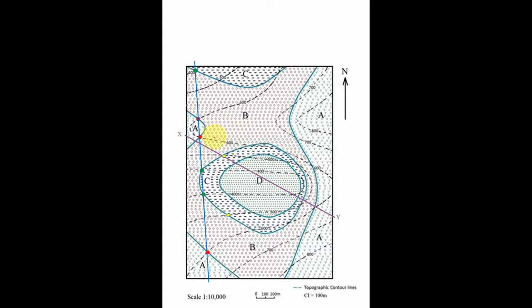Let us move to the next one, where this 500, you can see, is cutting your junction BC at this point and this point. So we can draw a strike line through them, and as you know, the nature of the strike lines is that they are parallel to each other. On this strike line, which other points are there?